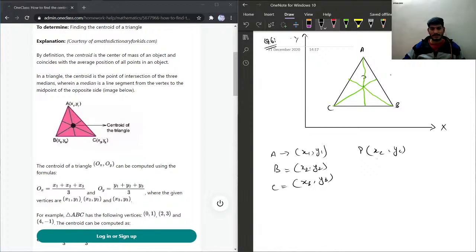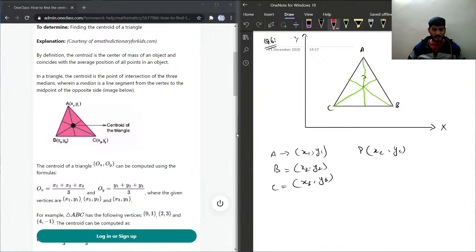Okay, so in the image here you can see that this is the median. I'm not going to specify the alphabets here. And then the centroid of the triangle, which is P, has coordinate xc and yc.